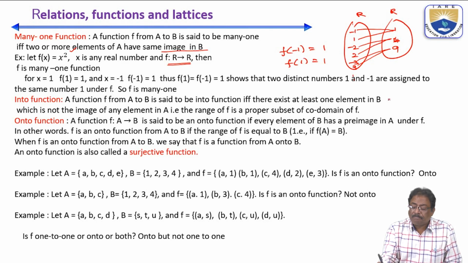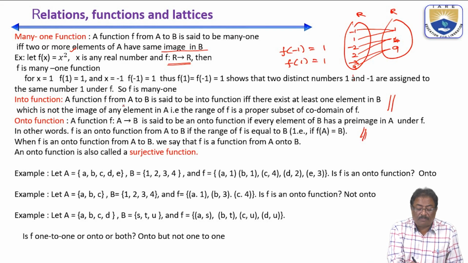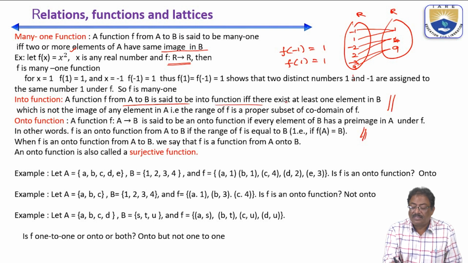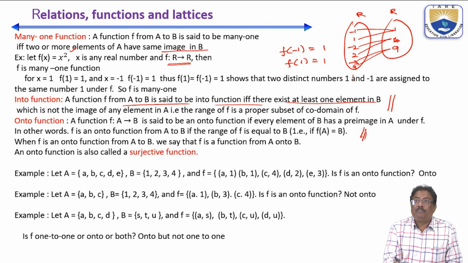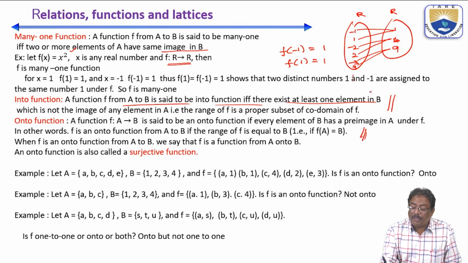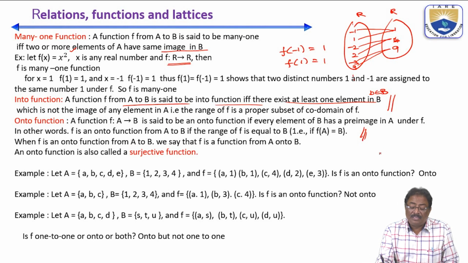Now let us see what is an into function and what is an onto function. A function f from A to B is said to be an into function if there exists at least one element b belonging to B which does not have a pre-image. Then such a function is known as an into function.